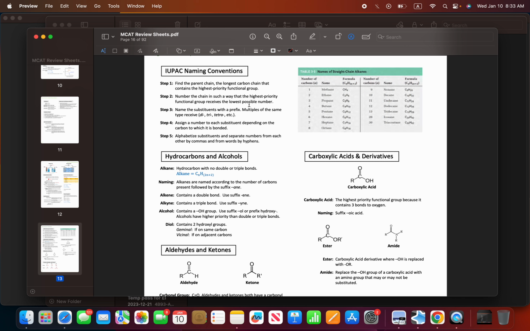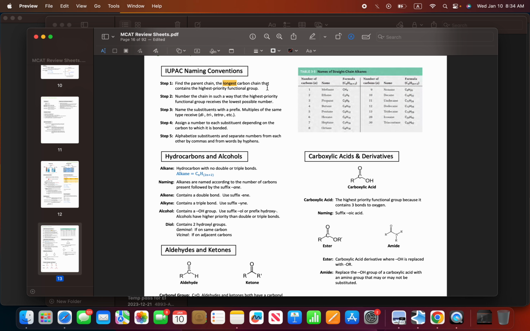So once you find the parent chain, which is where you start, it's the longest carbon chain that has the highest priority functional group.